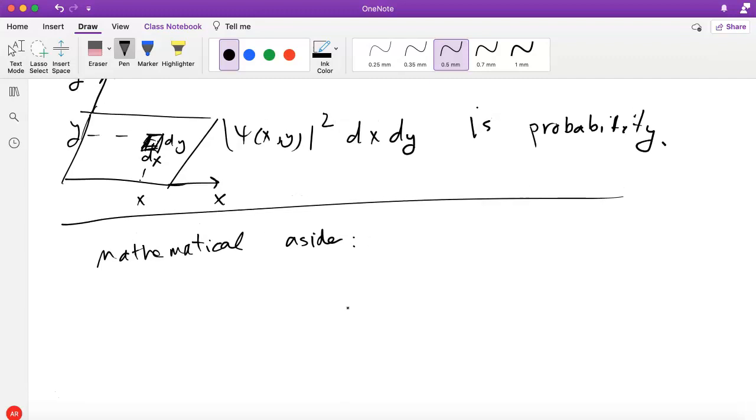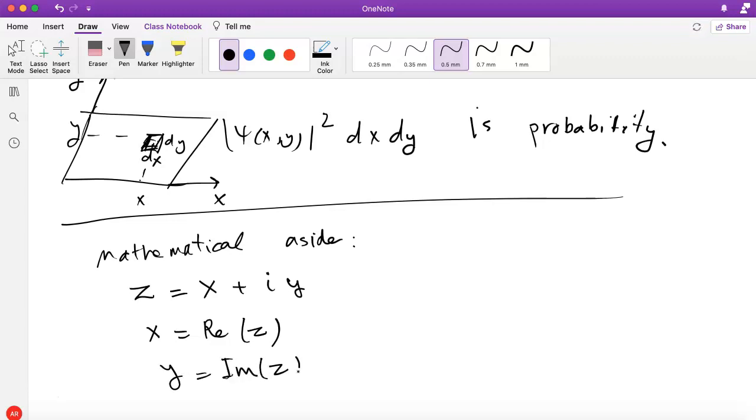So there are different ways to think about them, but basically one can define a complex number as a collection of 2 real numbers. One is called the real part, another is called the imaginary part. So z, you can always think of as x plus i times y. And x is the real part of z. y is the imaginary part of z.